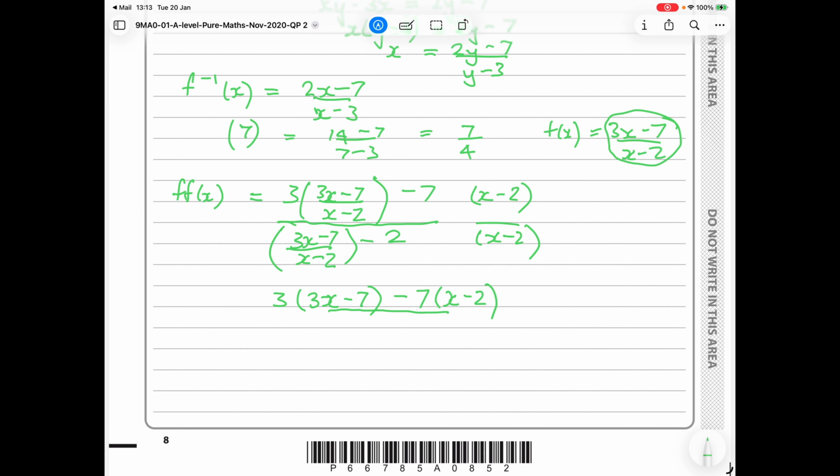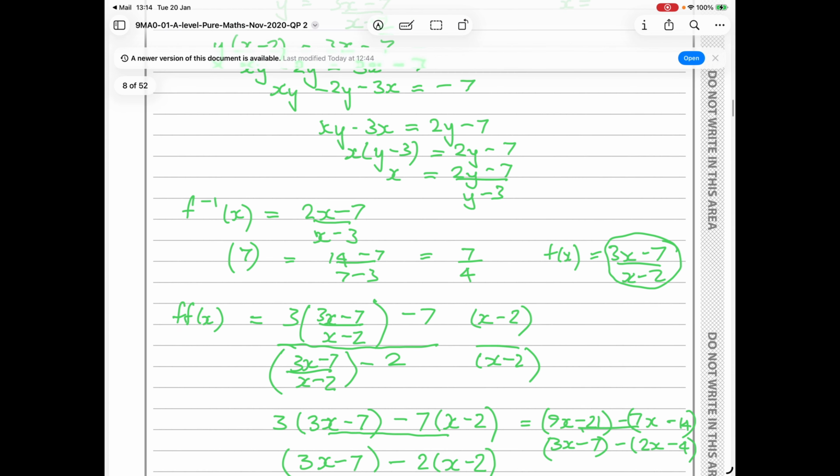And on the bottom, we end up with 3x minus 7, I'm just going to keep it in brackets because otherwise it gets messy, minus 2 times x minus 2, which equals 9x minus 21 minus 7x minus 14 over 3x minus 7 minus 2x minus 4.